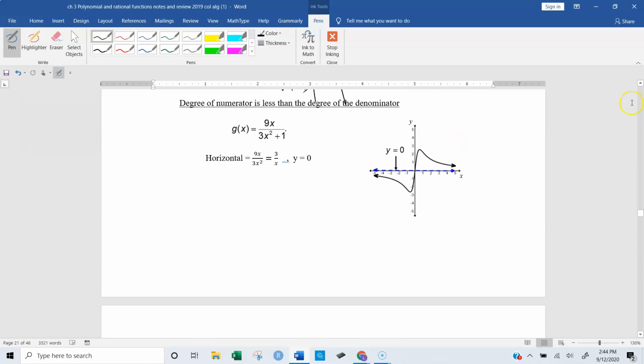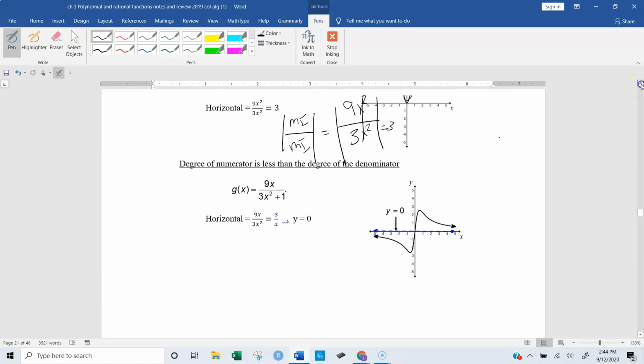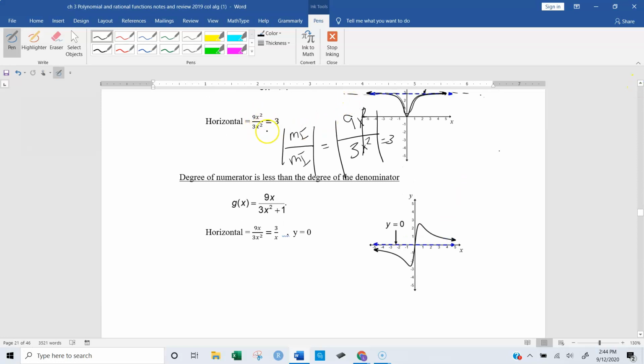If you looked here, they were x squared and x squared, so it canceled to a straight number. Now, when we do our horizontal, we have the 9x in the numerator and the 3x squared in the denominator, so this cancels to 3 over x. If there is an x in the denominator ever, I don't care what kind of number, there's an x left down there, so the degree in the denominator is larger than the numerator, and it is y equals 0.